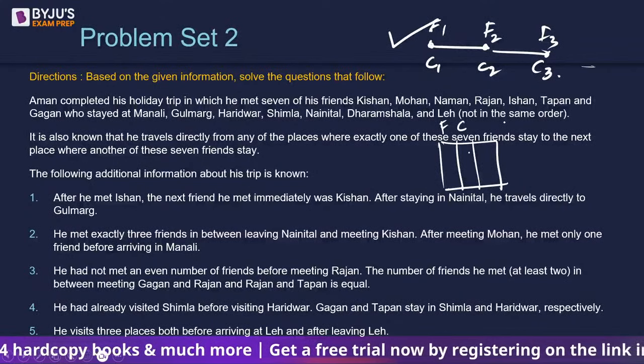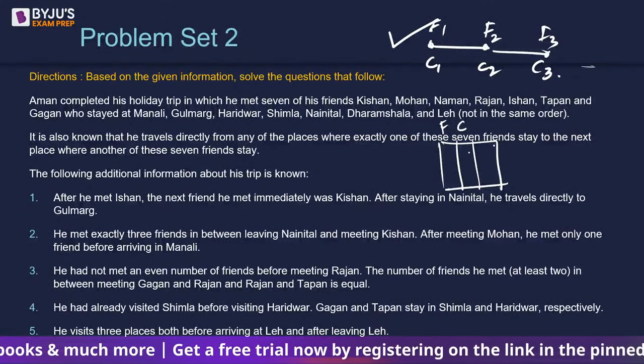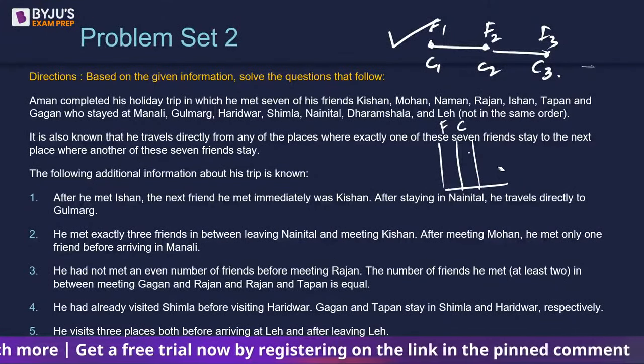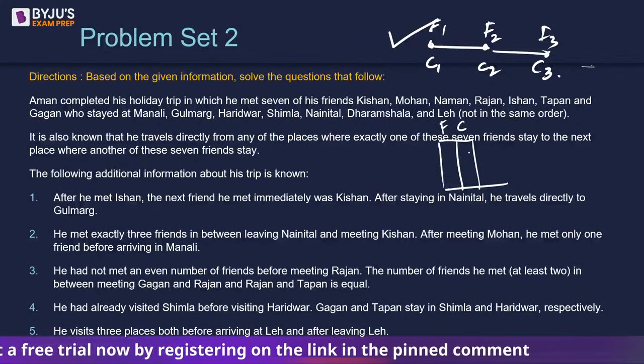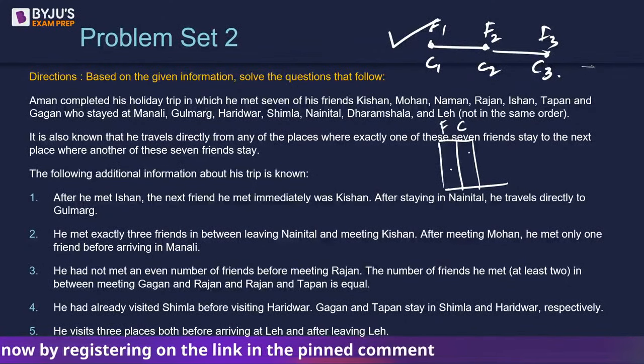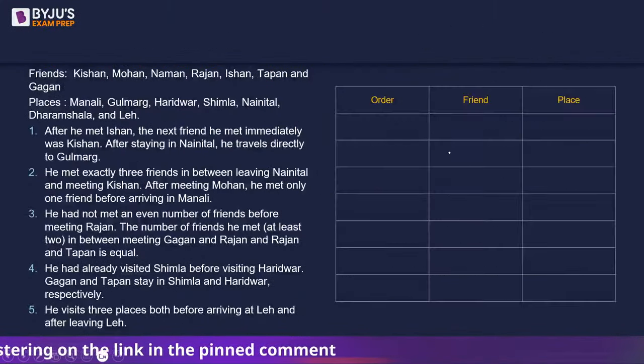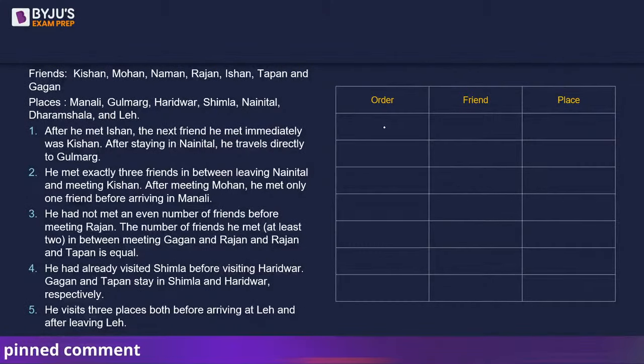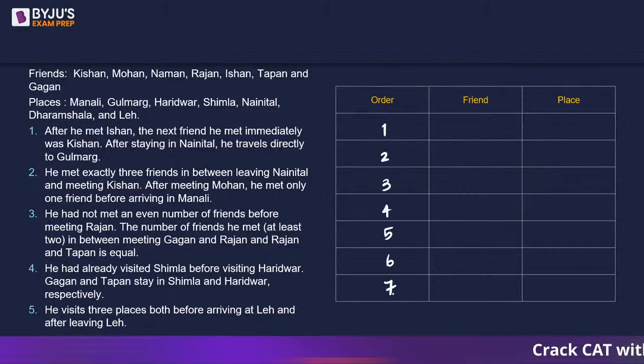Okay, so we will need 2 columns. So okay, we are given order also. What do we do with the order? Order is just to keep track of the sequence in which he is meeting his friends.